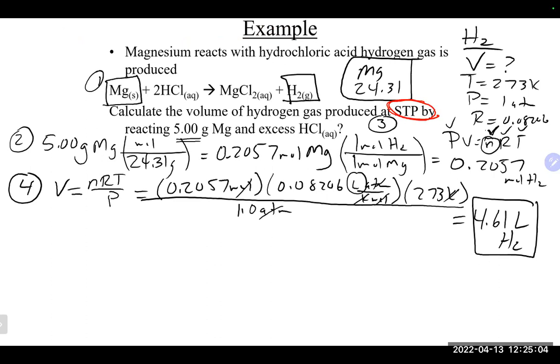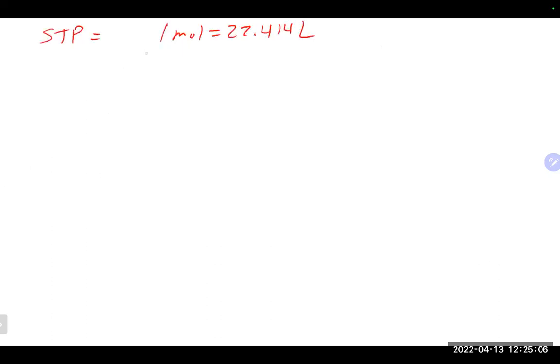Because we were at STP conditions here, we could use that 1 mole is equal to 22.414 liters. And we could have just picked it up with the moles of hydrogen, which was 0.2057 moles of hydrogen.